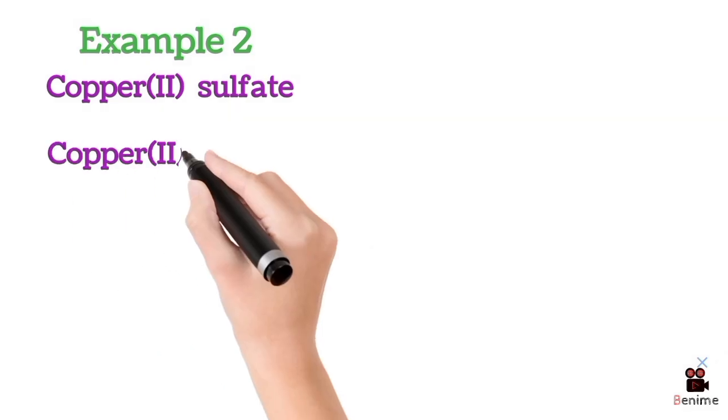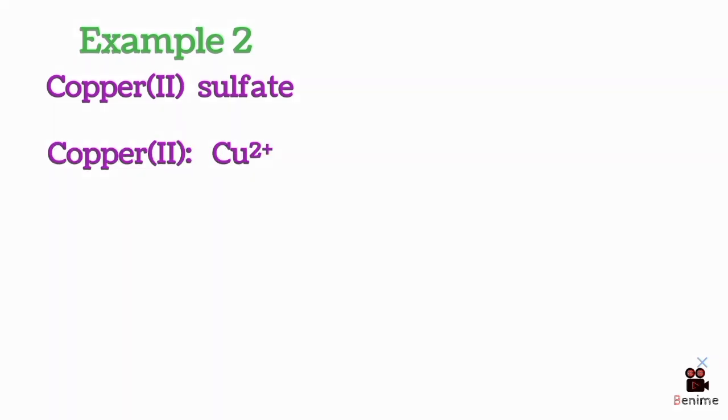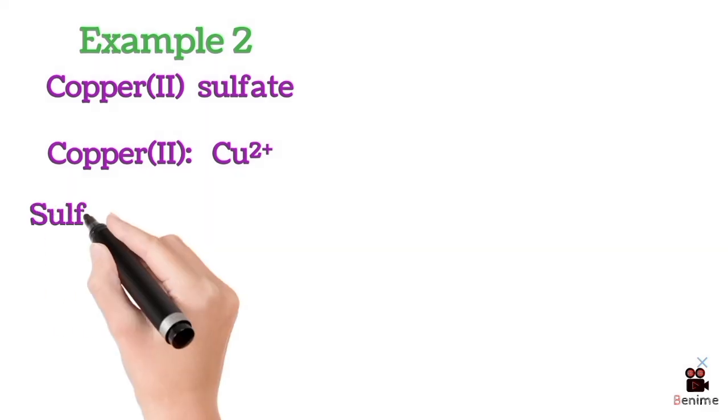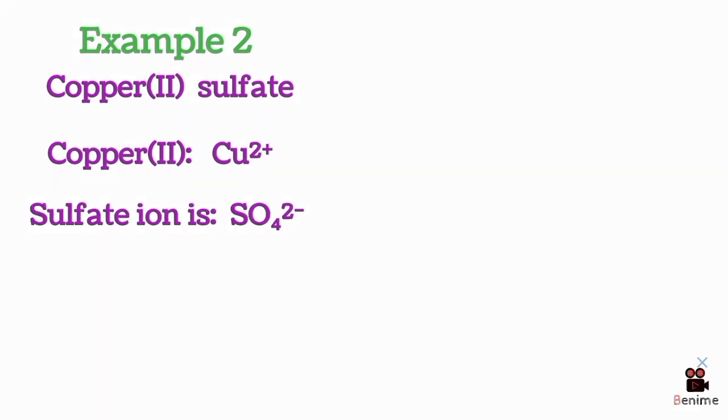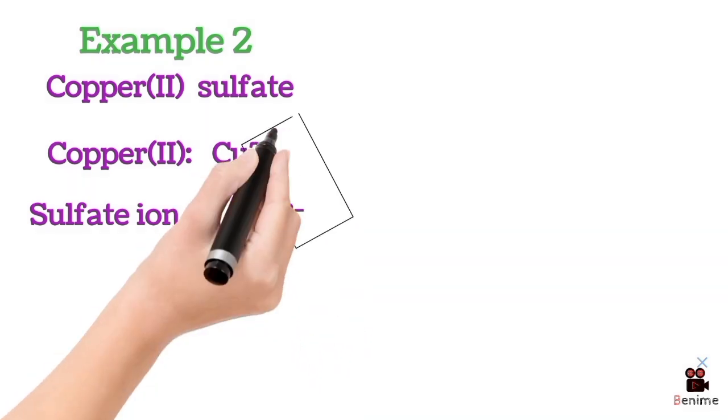Now let's take another example, copper(II) sulfate. Step 1. The name says copper(II), so the charge on copper is +2. Symbol Cu2+. Step 2. Sulfate is a compound ion with a -2 charge. Symbol SO4 2-. Step 3. Balance the charges.